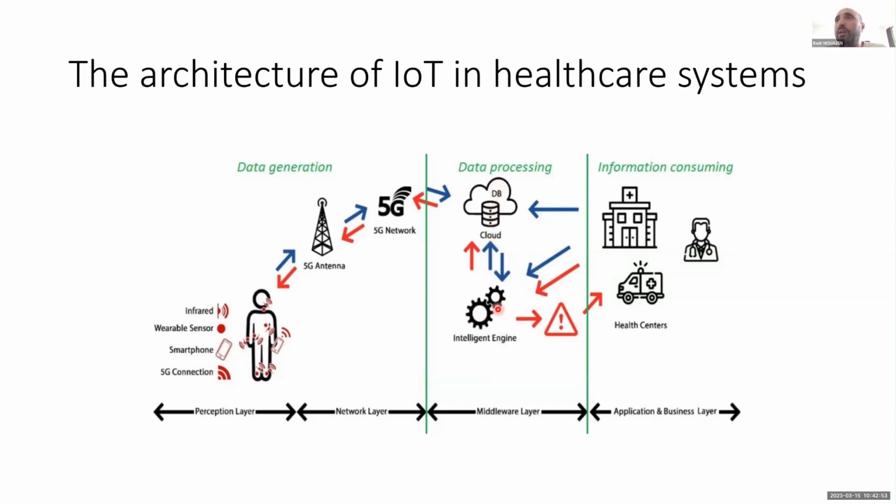So the engine can then process the data and extract meaningful information that can allow the health centers or health professionals to intervene. So the application and business layer is where professionals can intervene.